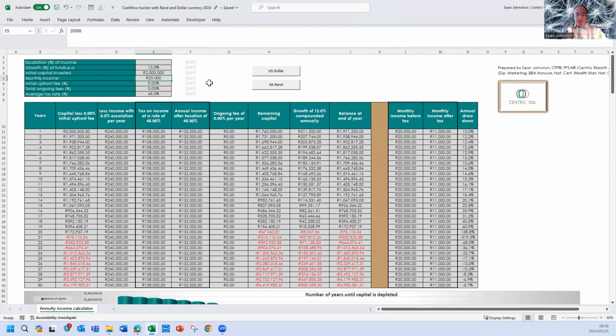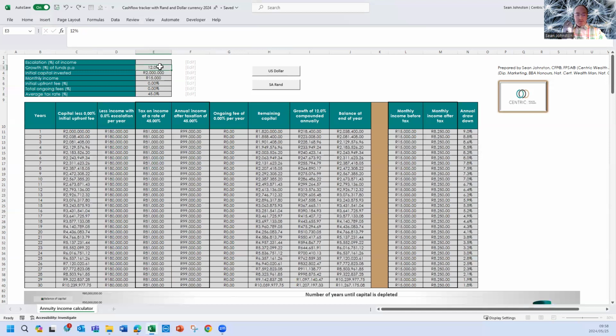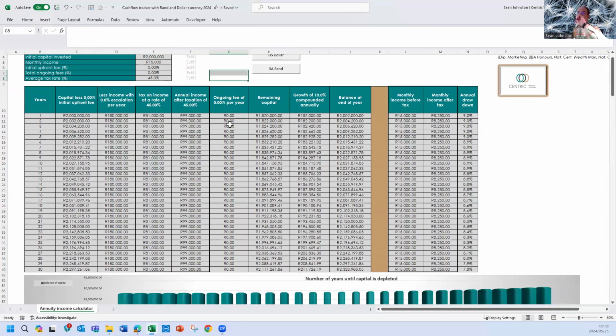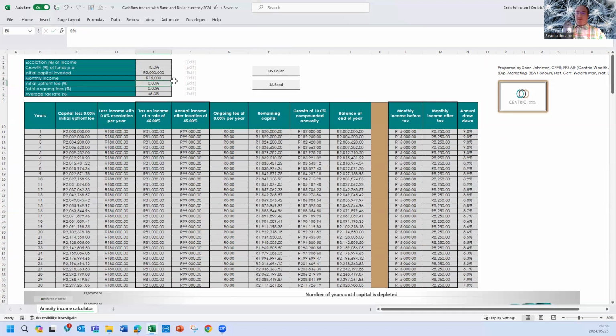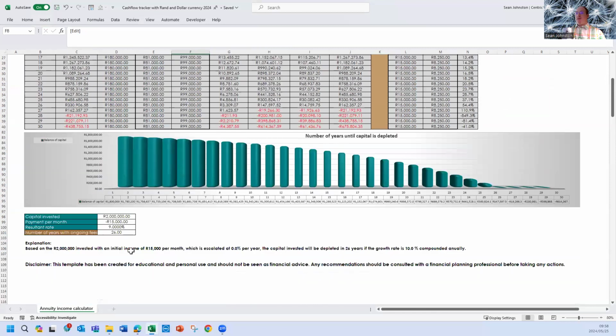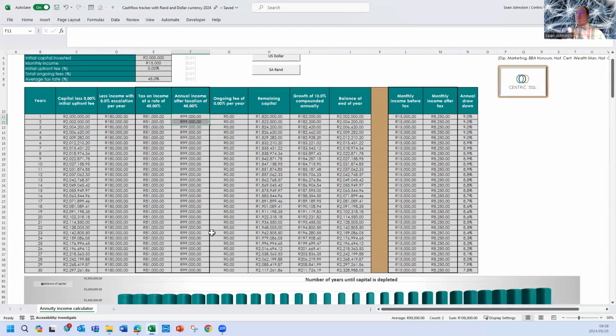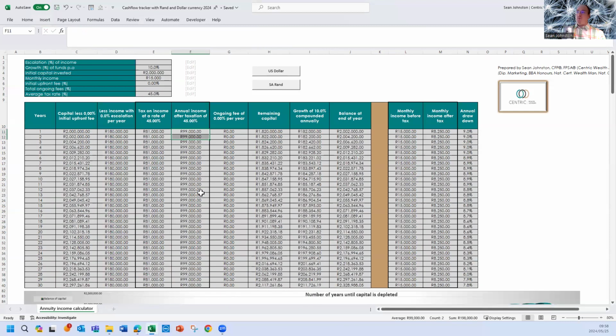So the solution really would be to draw something less, work on a lesser growth rate, be a bit more realistic, and not factor in fees, but let's just say we put in 1% ongoing. Then you can see the investment lasts 26 years with fees, and without, it'll not run out.